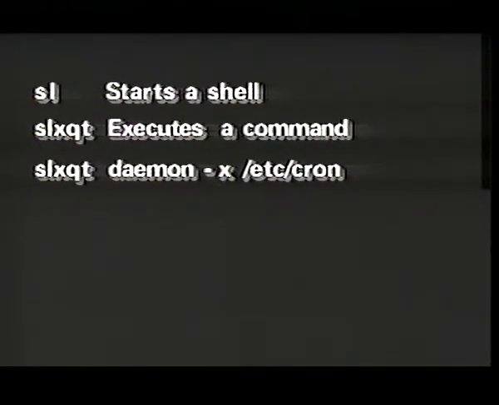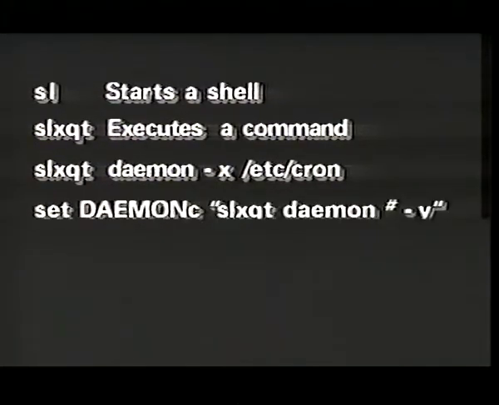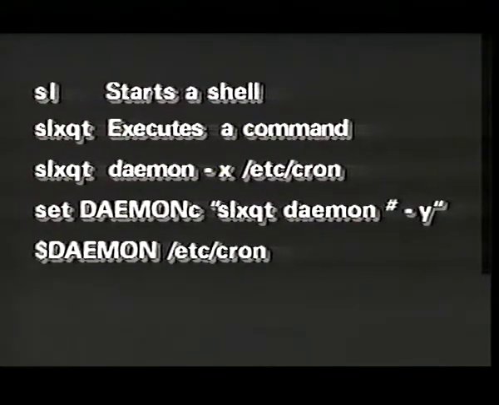And if you look at the sample RC file, what we do is we set DEA, set daemon to be SLXQT daemon, and then in the RC file we do something like $DEA etc cron. Stuff like that.